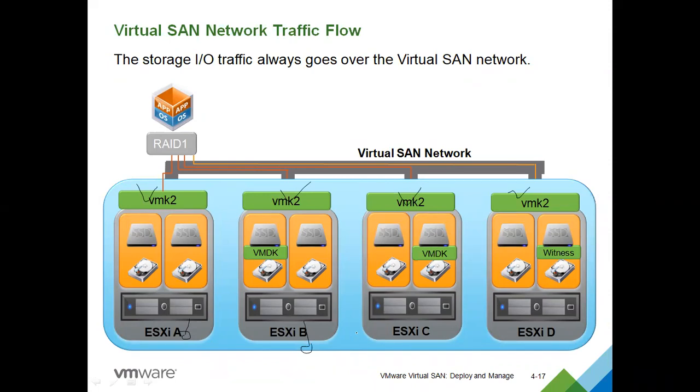And if we are using an all flash array, the recommendation is to map this VM kernel port to a physical NIC that has 10 gig of network bandwidth, because vSAN produces a huge amount of traffic whenever you are writing or reading data on your virtual machines.